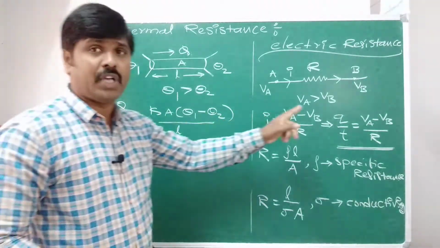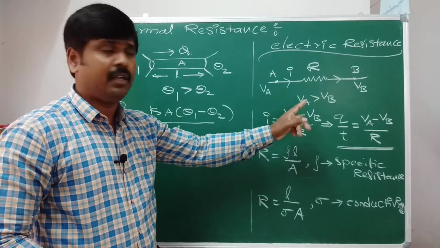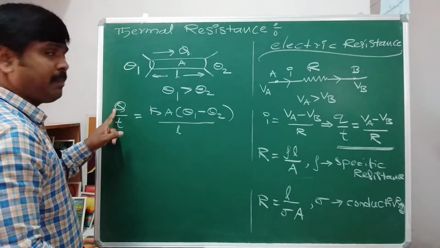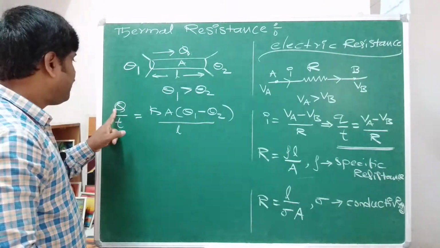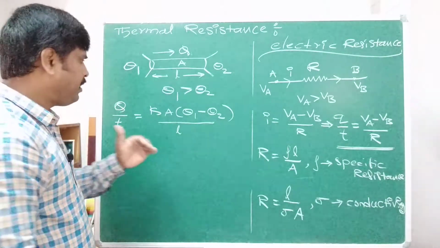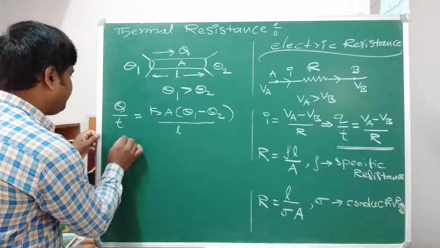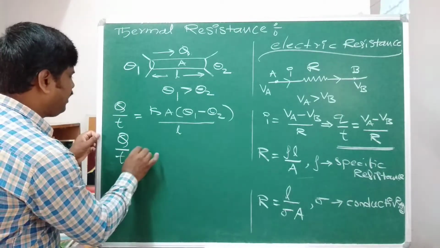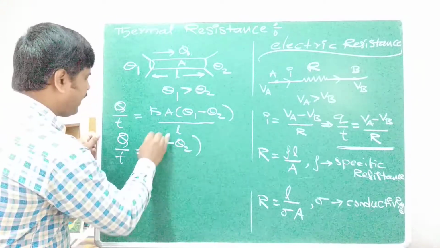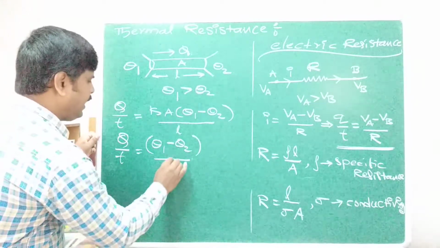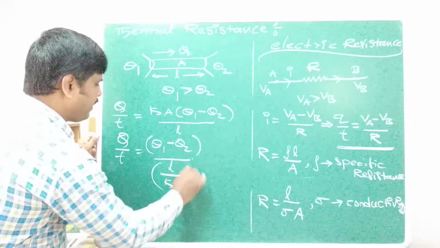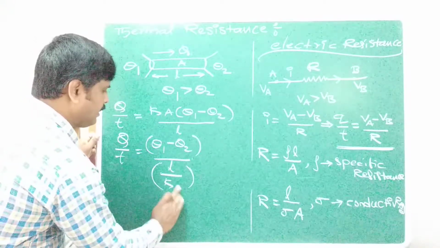Small q is the charge in the current. Here in thermal conduction, which we are discussing, capital Q represents the heat. So Q by T is equal to theta 1 minus theta 2 divided by L divided by K A.